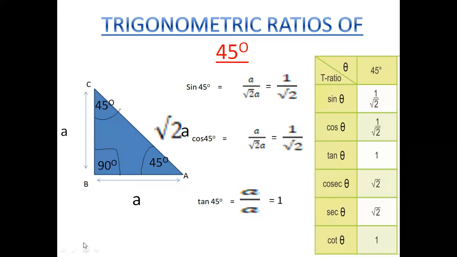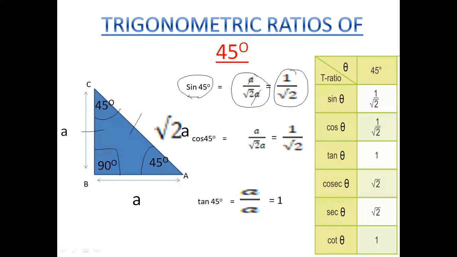Now we can calculate the trigonometric ratios. First, let us start with sine 45 degrees. Sine means opposite side by hypotenuse. Opposite side is A, hypotenuse is root 2 A. If we cancel A and A, the ratio is 1 by root 2.